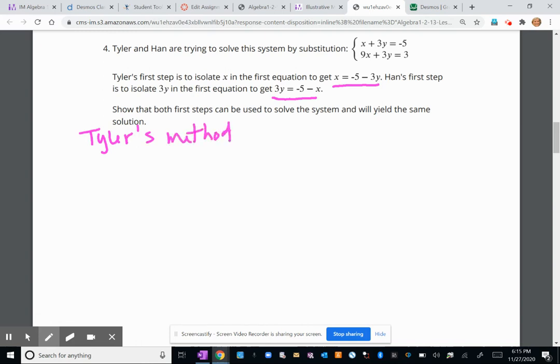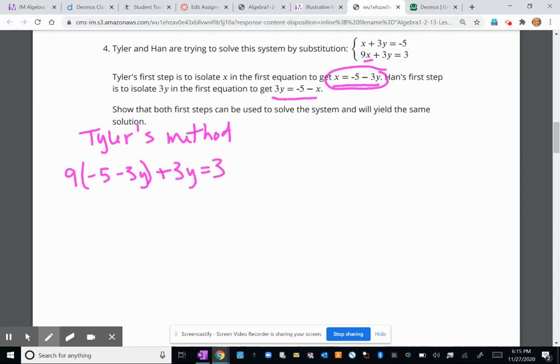And do that first. So he's saying x is equal to negative 5 minus 3y. And then he puts that into the second equation for x. So Tyler is then saying 9 times (negative 5 minus 3y) plus 3y equals 3.